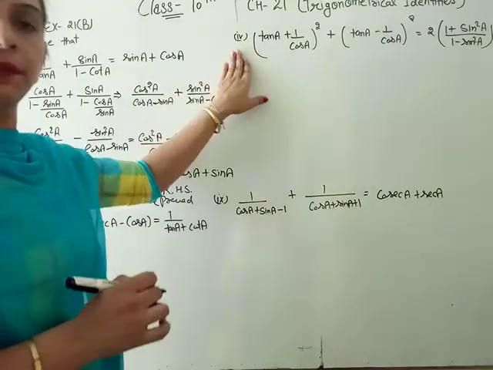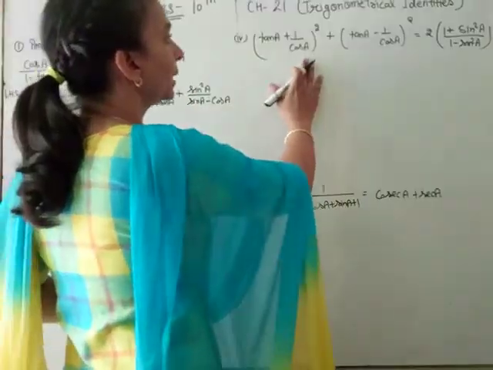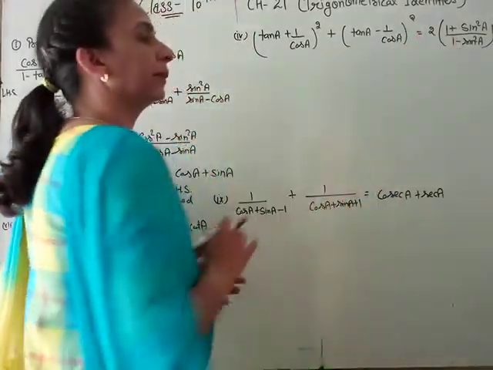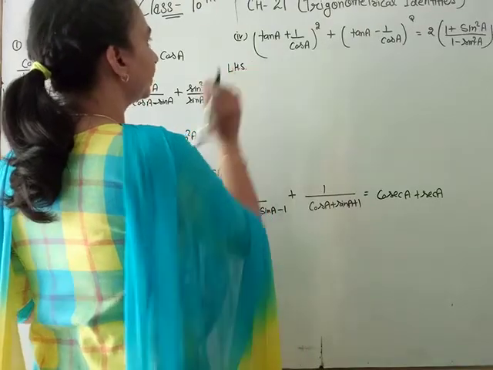Okay, next is part number 4 of the first question. (Tan A plus 1 by cos A) whole square plus (tan A minus 1 by cos A) whole square, and this equals the right hand side. So first we take the left hand side.